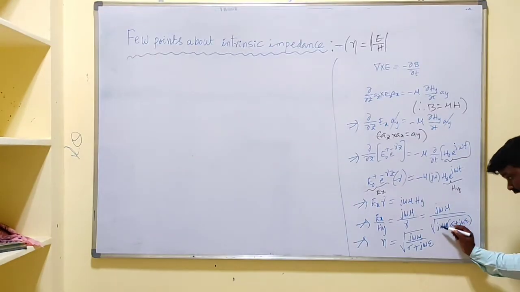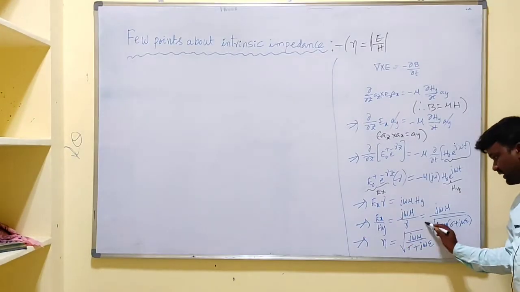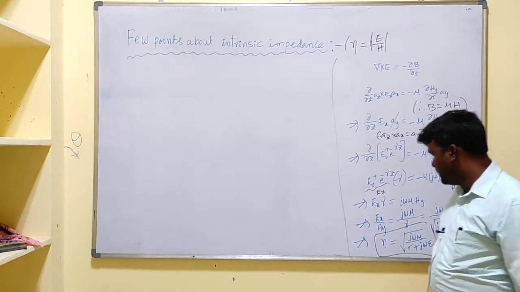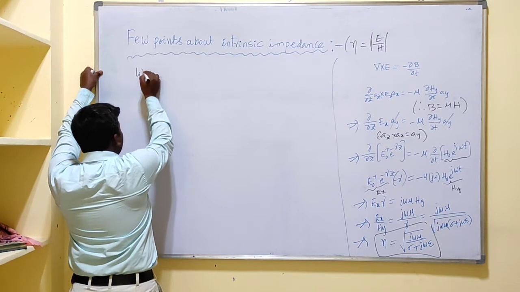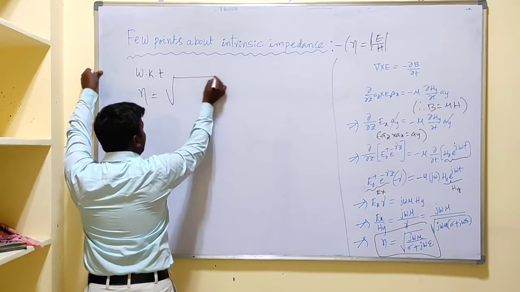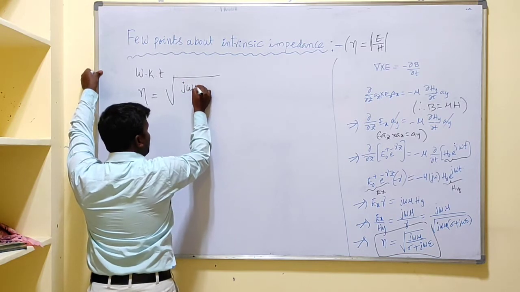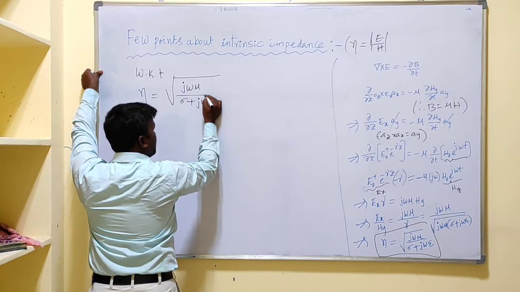And we know that from the wave equation, gamma equal to under root j omega mu into sigma plus j omega epsilon. If you simplify this, we will get eta as j omega mu by j omega epsilon. So what is that eta? We know that eta is nothing but under root j omega mu by sigma plus j omega epsilon.